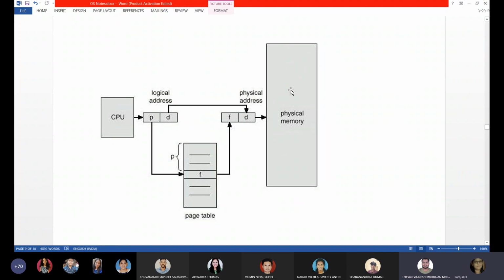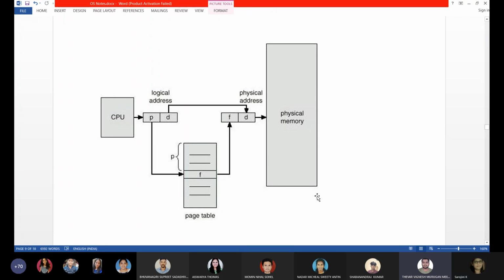Like that, it will be stored randomly. Why randomly? Because wherever free space is there in the main memory, there the newly brought page will be loaded into a frame. So it is not a contiguous allocation of data inside the main memory.